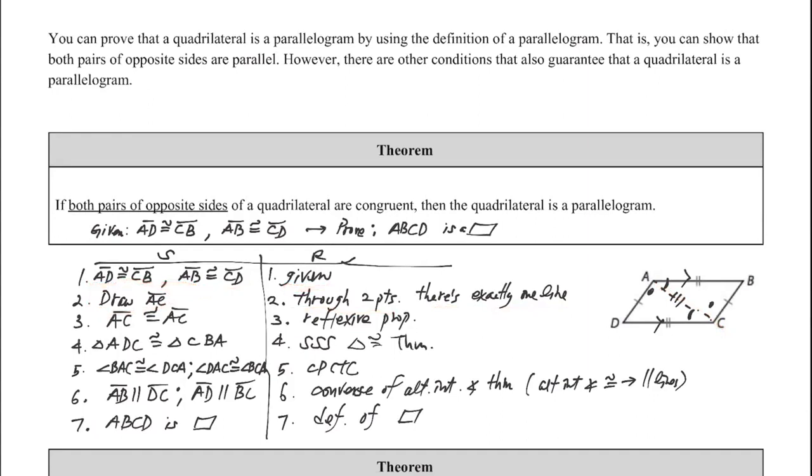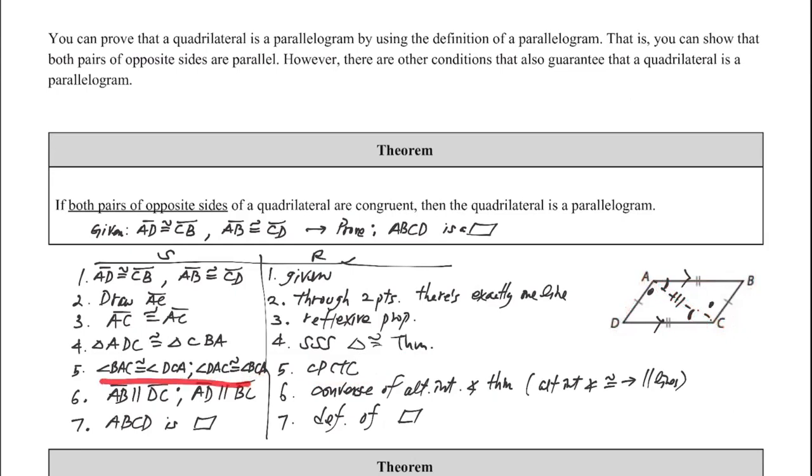And then we note that AC is congruent to AC by the reflexive property, and that tells us that this triangle and this triangle are congruent because of the side-side-side triangle congruence theorem. So we know that angles BAC and CDA are congruent by CPCTC, and angles DAC and BCA also by CPCTC.